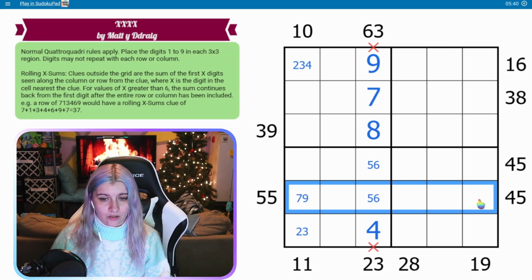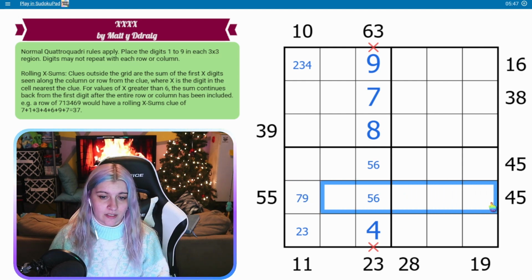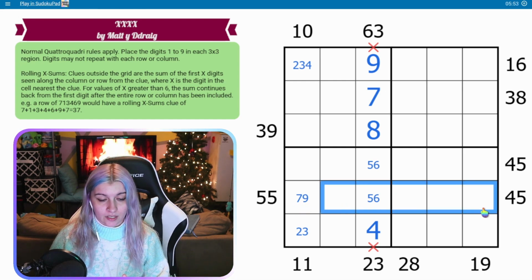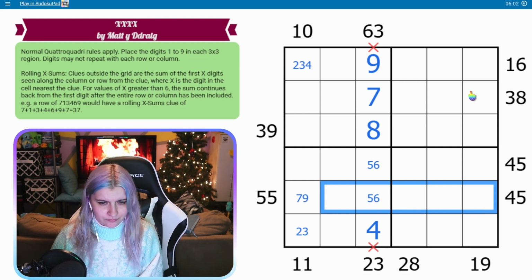That would be all of these plus this one again. Oh, that's actually some easy math. These 5 cells would have to be 55 minus 14, because you're counting the 7 twice. So these 5 cells would have to be 41, which I feel like is possible.